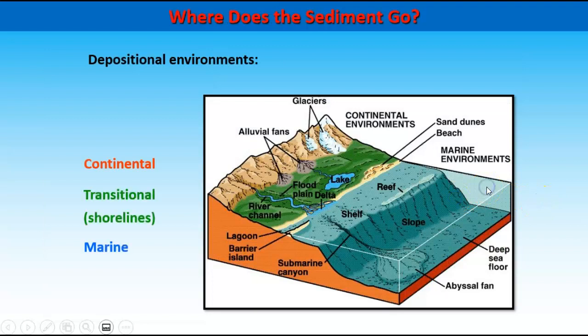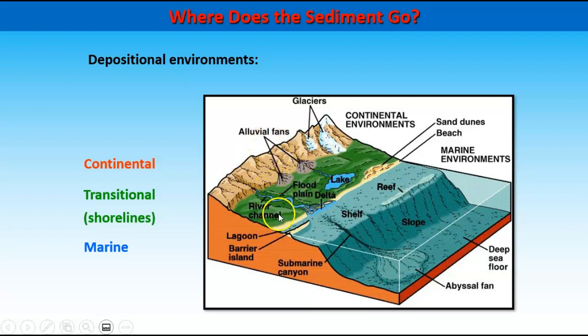Okay, speaking of that, when we take our weathering pieces and we're moving them, they can be dumped in lots of places, and this is an example of a bunch of places they can be dumped. They can be close to the source, and we're going to argue that the source is the mountain range that you see in this diagram up here. We can have material that's dumped very close to the source on the continent.